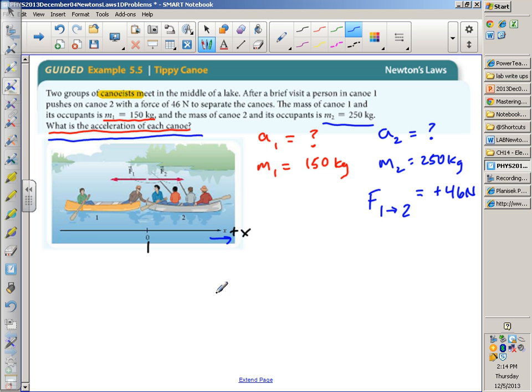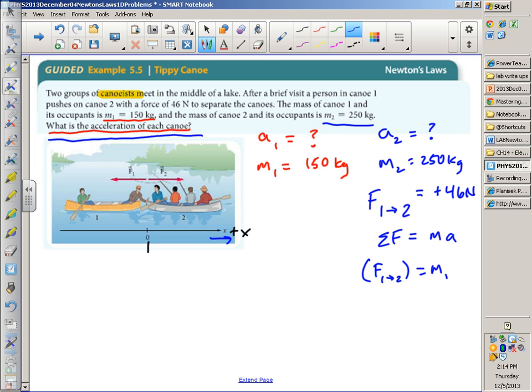We do. So we can go to Newton's second law, right? There is no mention of any other forces, even though in reality there are quite a few other forces, but they don't really mention anything else in this problem. So we'll just say that the force of 1 pushing on 2 is going to be our only force, so that's the net force.